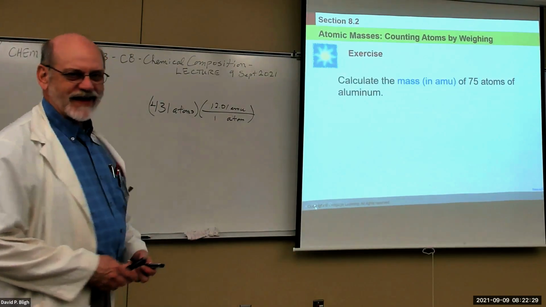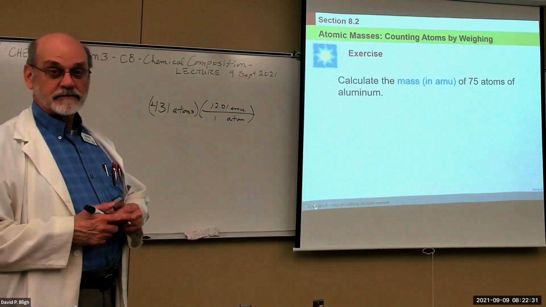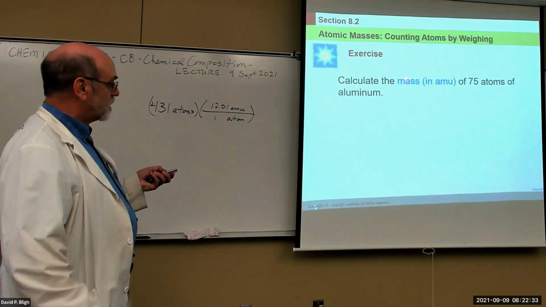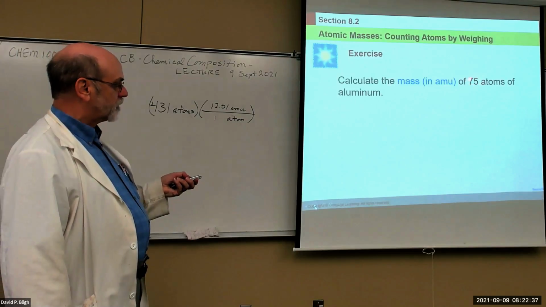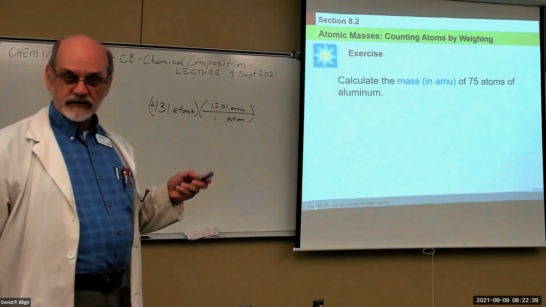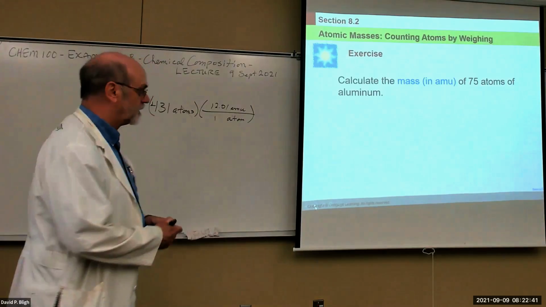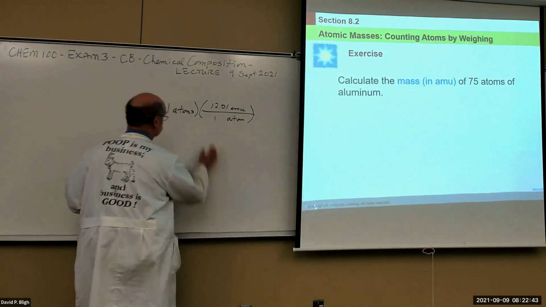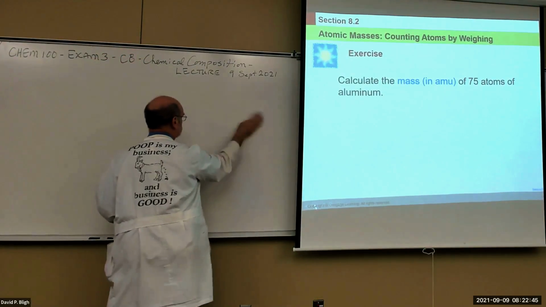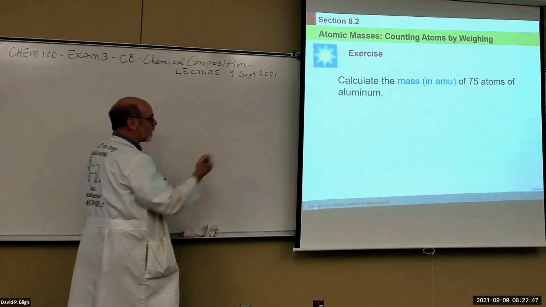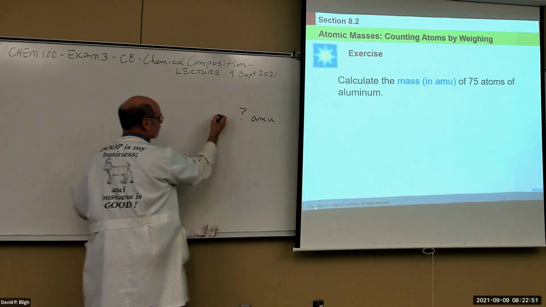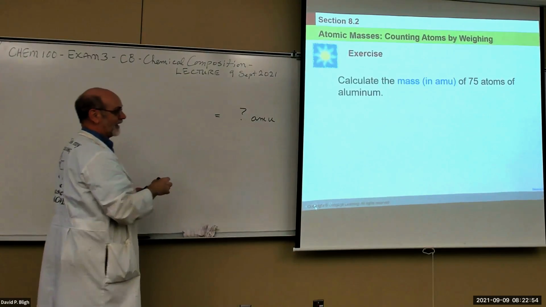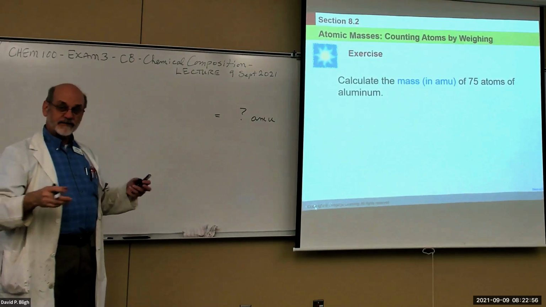How about 75 atoms of aluminum? Now, the question is, what's the total mass in atomic mass units for this many atoms of aluminum? Do we have all the information we need? Well, what's the question? We want to end up with a total of atomic mass units for aluminum. Right? So what do we need? Well, we've got 75 atoms, right?